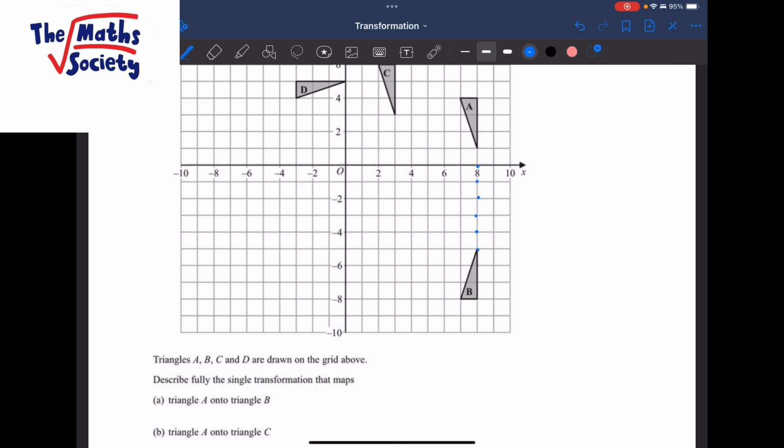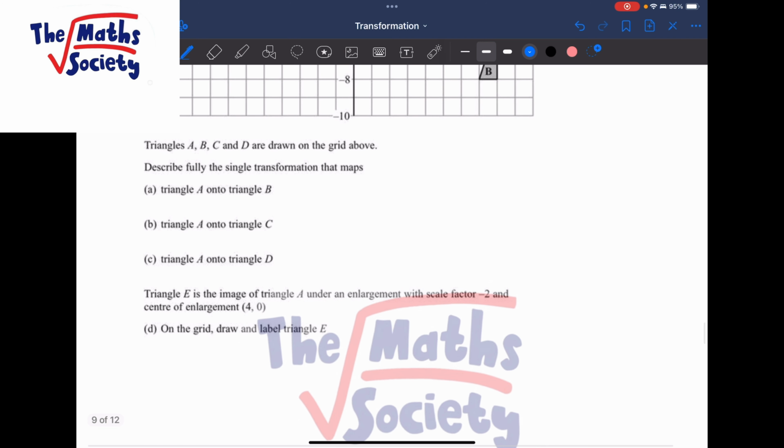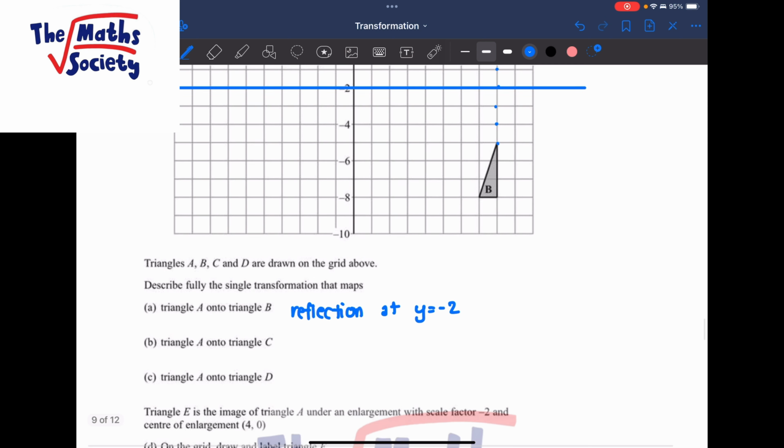So we know that it's going to be at 3. And which is here. In this case, it's at minus 2. So you can just say that reflection, sorry, not x, y goes to minus 2 because it's horizontal.